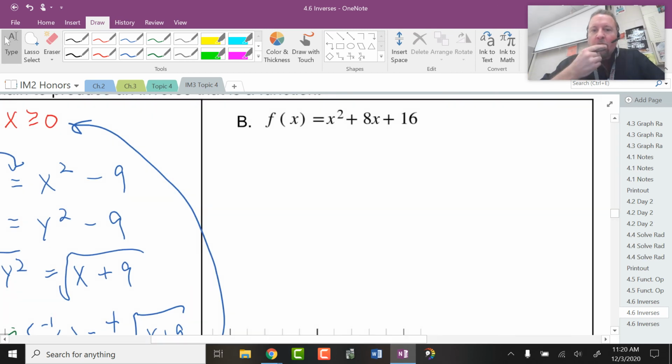How do I graph this? I got to find the vertex. When we're in standard form, how do I find the vertex? Oh, standard form, ax squared plus bx plus c.